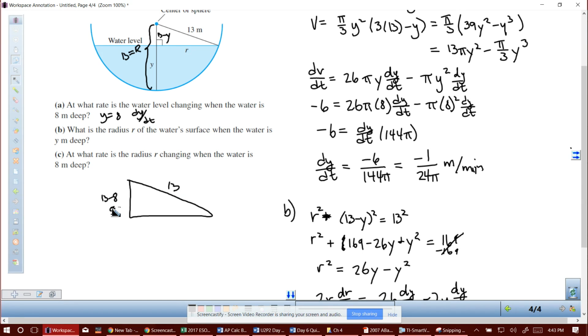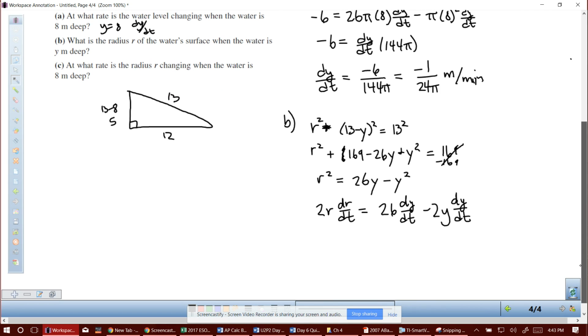This would be 13, and so that's a 5, 12, 13 triangle. So now I know the little r would be 12 at that one instant. So 2 times 12 dr/dt, which is what I'm looking for, equals 26 dy/dt. Did we just figure out dy/dt?